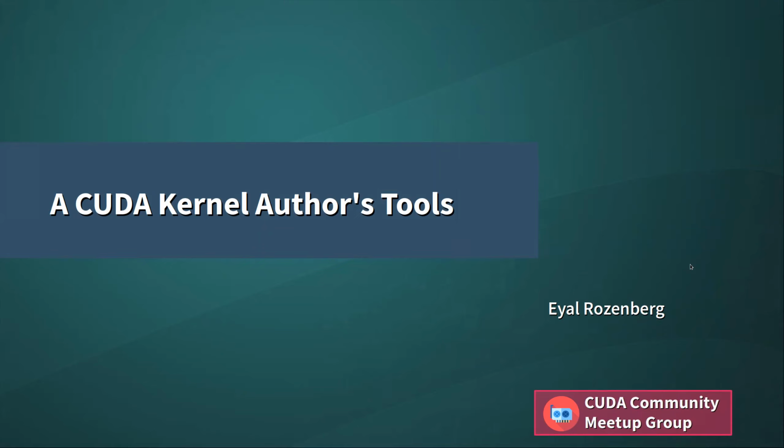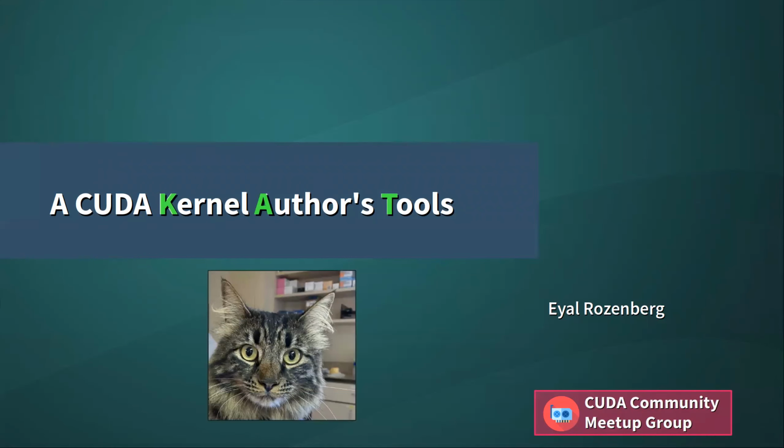Okay, so the subject of our talk for today is a library that I'm the author of. It's not a super cohesive one, so it's called a set of kernel authors tools for CUDA, or CAT for short.